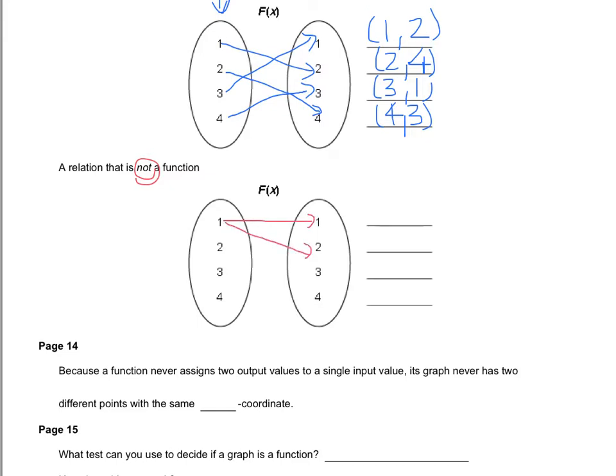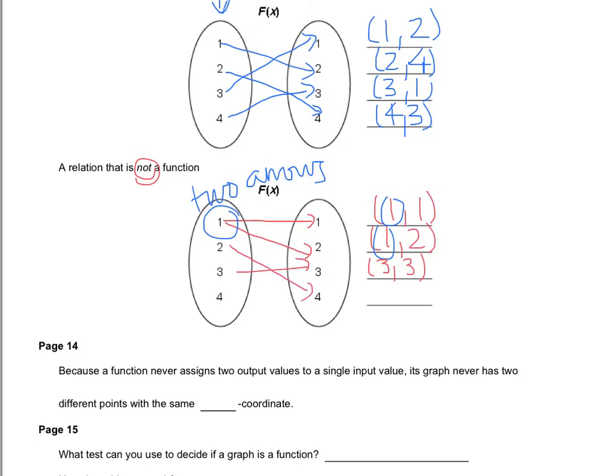But a relation that's not a function means that one of these numbers is going to have two arrows. So in the example I've given you right now, (1, 1) and (1, 2), because this 1 is duplicated, that makes it not a function. Because there's two arrows here, that automatically makes this not a function. It doesn't matter what everything else goes to. 3 could go to 3, so that would be the ordered pair (3, 3). 2 could go to 4.